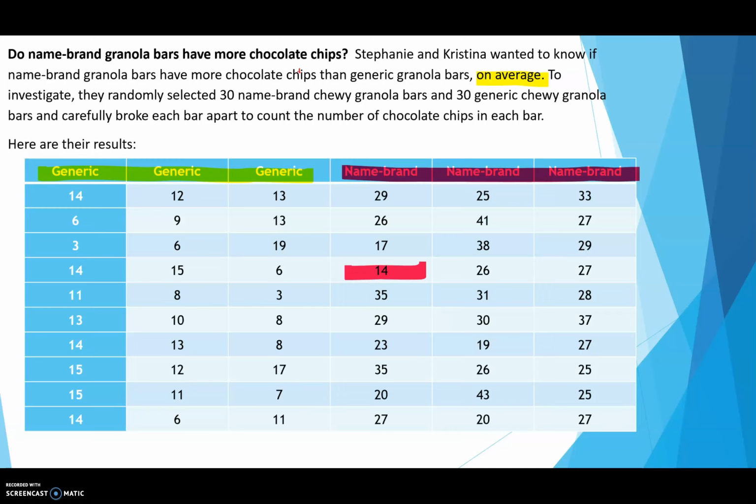Do we have anything else below? Okay, that's the only one that's below. Now I know we've got a couple that are above 40. 41 and 43. So we got 14, 41, 43. Let me look really quick and see if we have anything else. No, we do not. Okay, so those are our outliers.